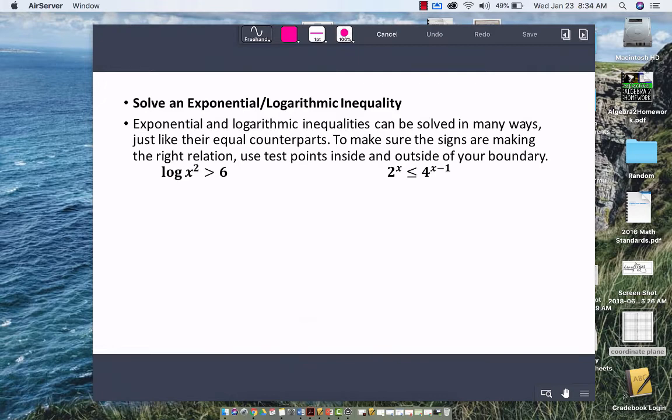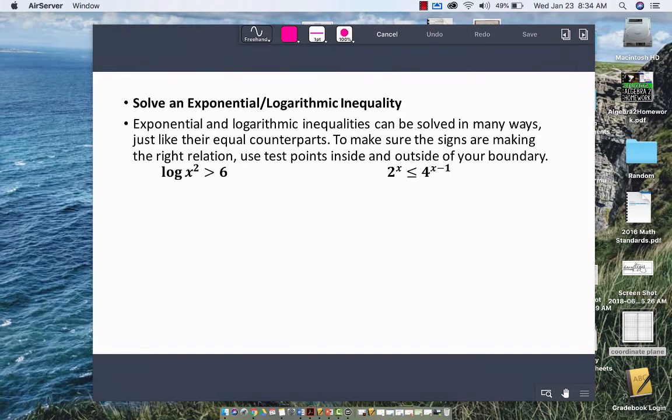Okay, this is our last concept, I promise, but since we're talking about all types of inequality signs today, I want to take a look at solving exponential and logarithmic inequalities. They can be solved in many ways, just like their equal counterparts. We know we have our inverse relationships, we have different properties. Sometimes we're logging both sides, sometimes we only have to do the one, or we're turning a log into an exponent.